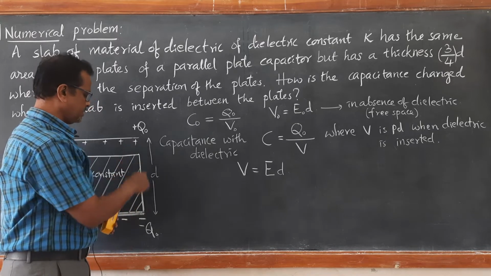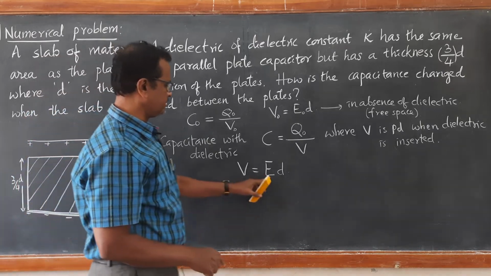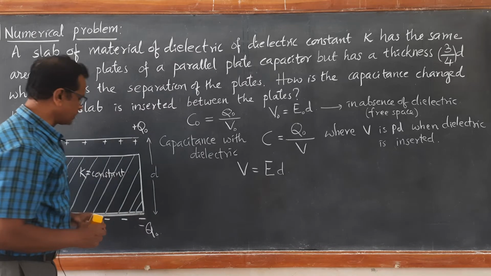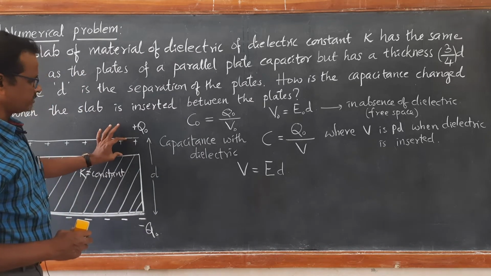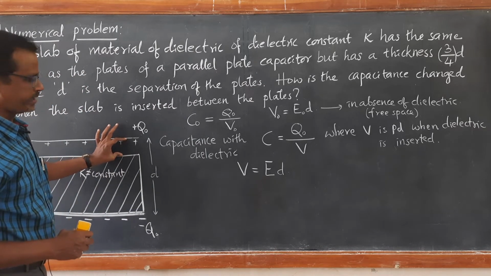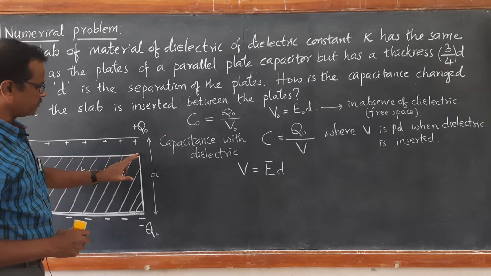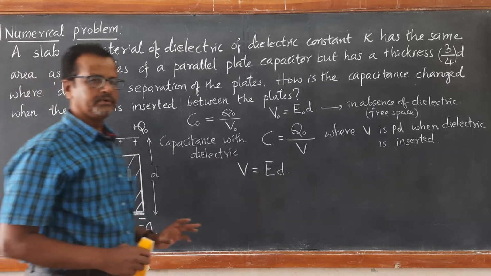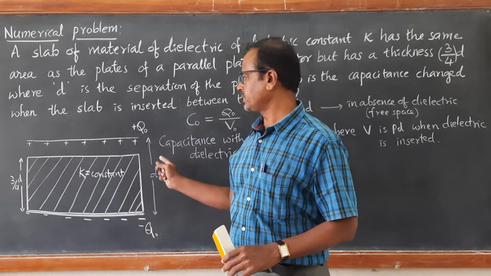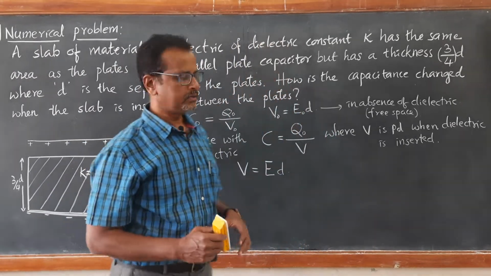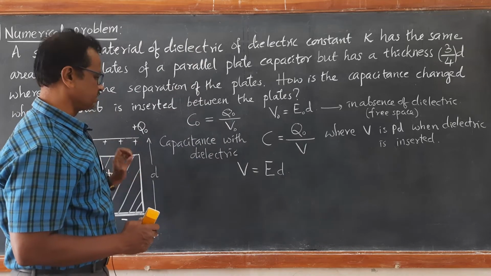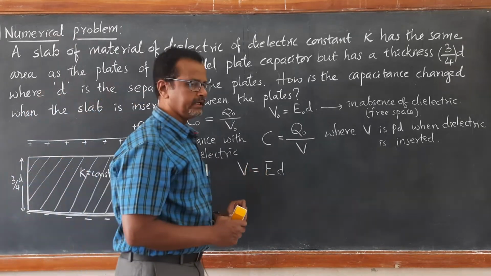Now, this electric field E is the electric field due to 1/4 of the space with vacuum plus the electric field due to 3/4 of the space filled with dielectric. So, we have to take into account both cases. How to calculate E?